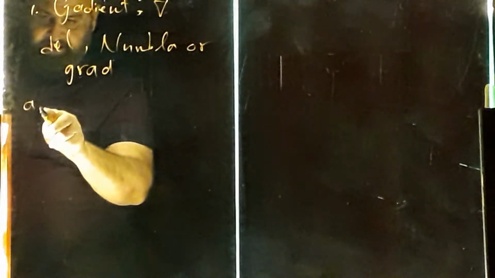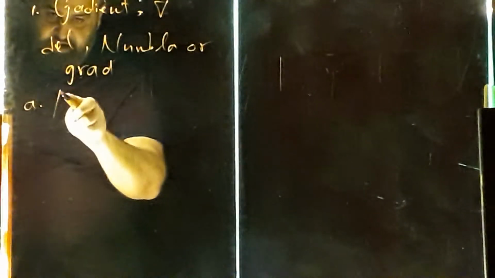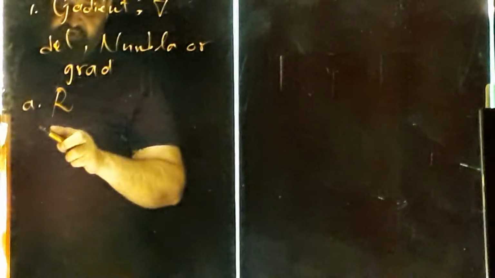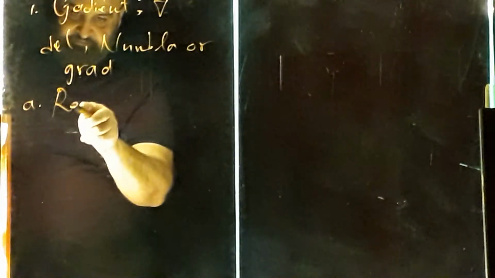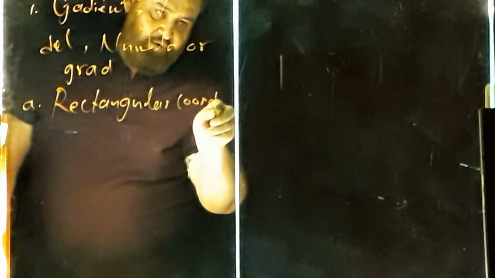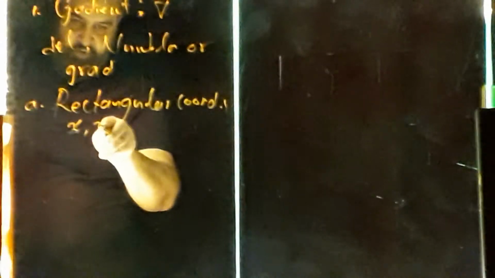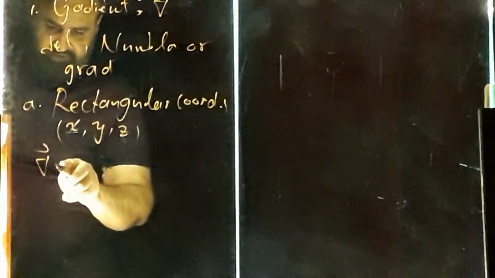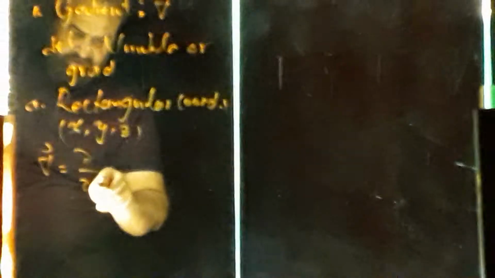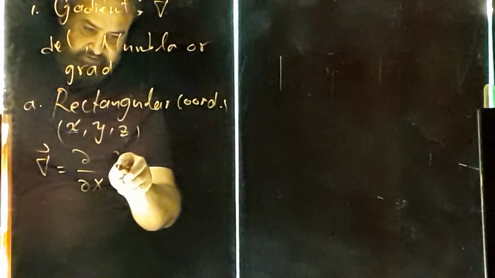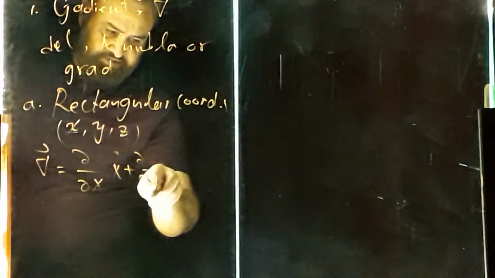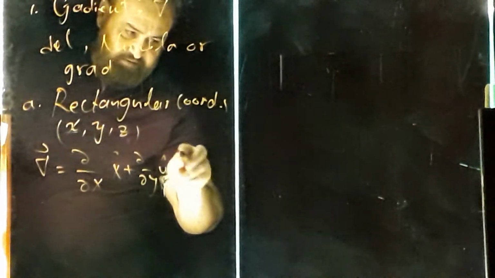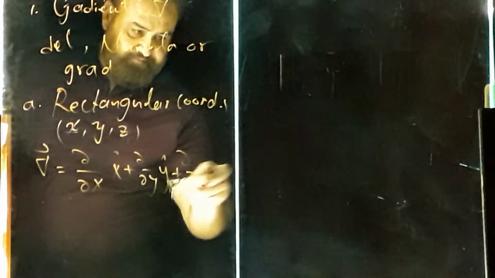The first one, A, we can write the gradient in rectangular coordinates, which is x, y, and z. Del equals partial x, x hat, plus partial y, y hat, plus partial z, z hat.